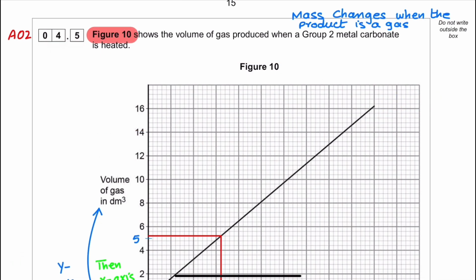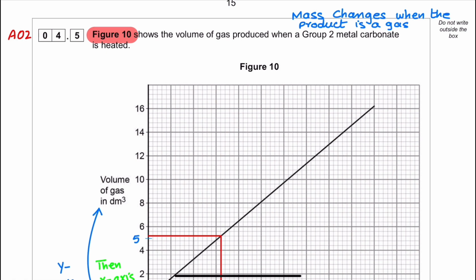4.5. It is an AO2 question. Figure number 10 shows the volume of the gas produced when a group 2 metal carbonate is heated. This question is from change in mass when the product is a gas.